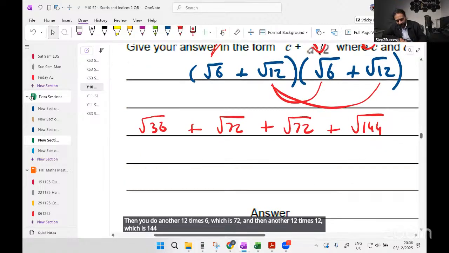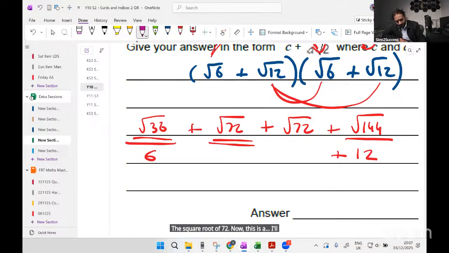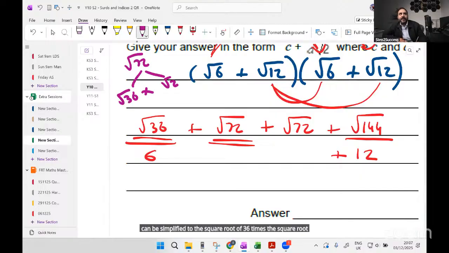At which point you can realize that the square root of 36 is 6. The square root of 144 is 12. The square root of 72, I'll do this over here, can be simplified to the square root of 36 times the square root of 2, because 36 times 2 is 72, and 36 square roots to 6.